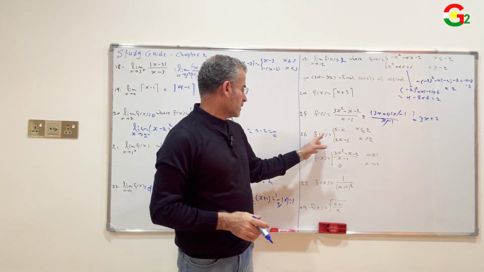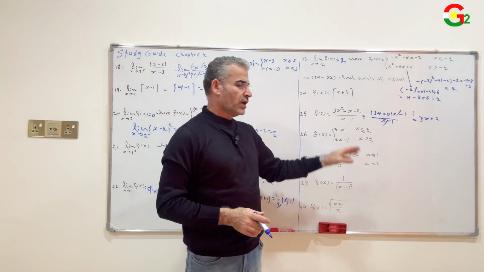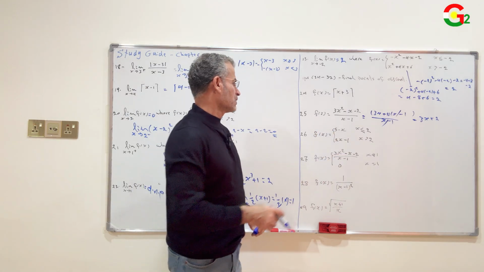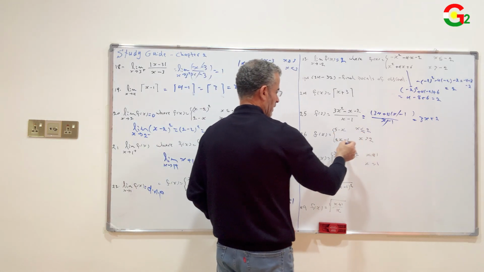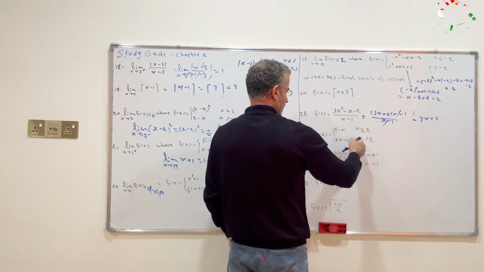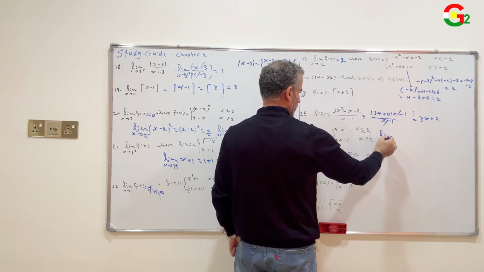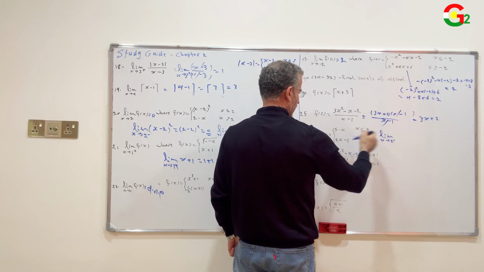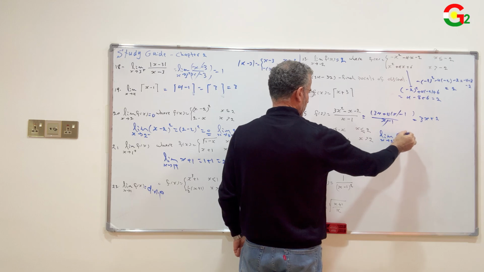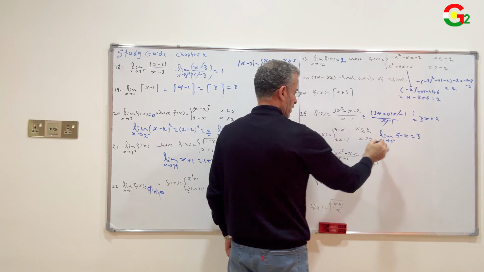F of x equal to a piecewise function. Check the continuity of this function at the joint point. The function is defined at 2. Then let us find the limit when x approaches 2 from left. Substitute in this segment: 5 minus 2, 3.